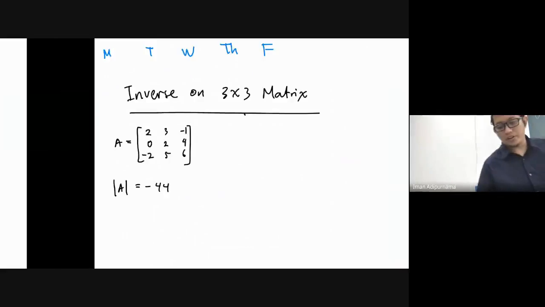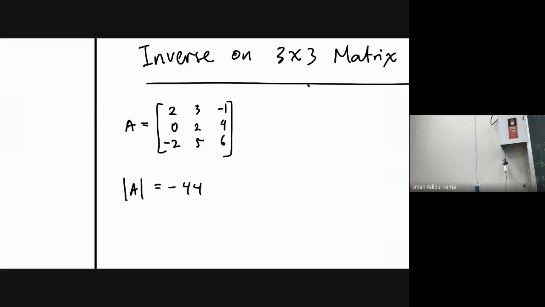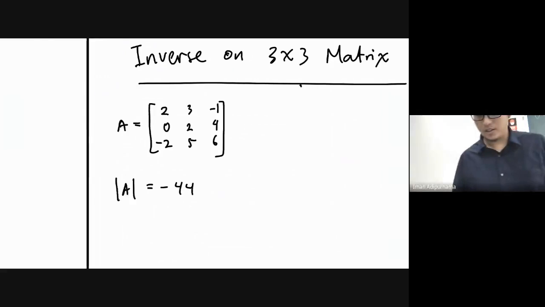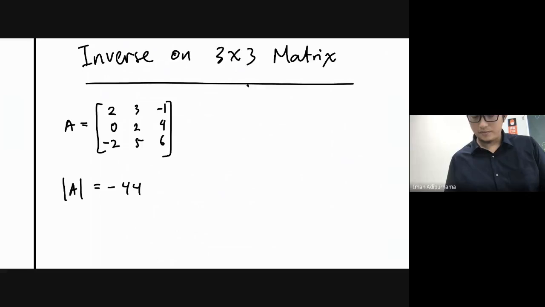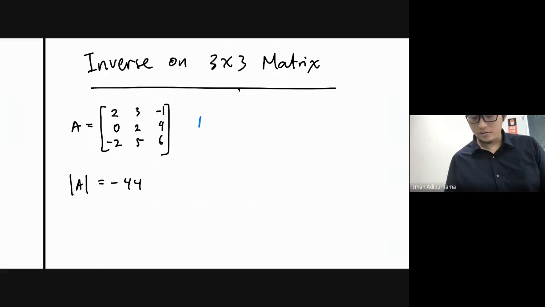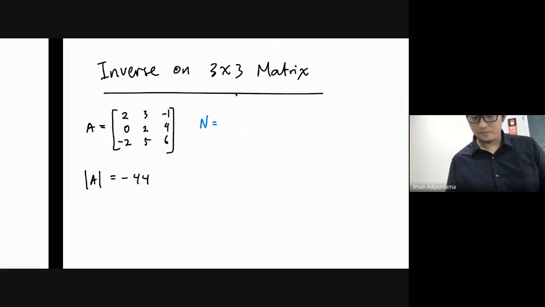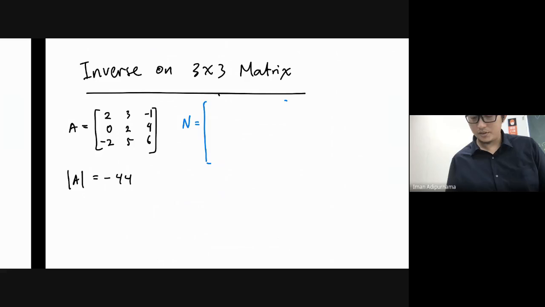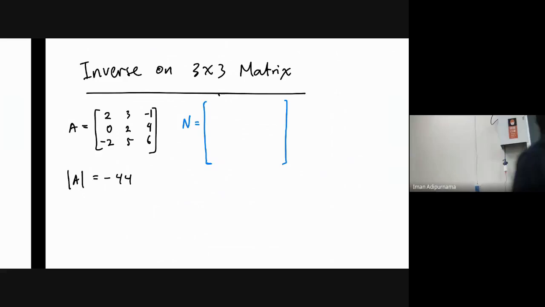Now, to find the inverse, we need to find another matrix. Let's say the new matrix that we want to find is N. And each element of N is actually a determinant.